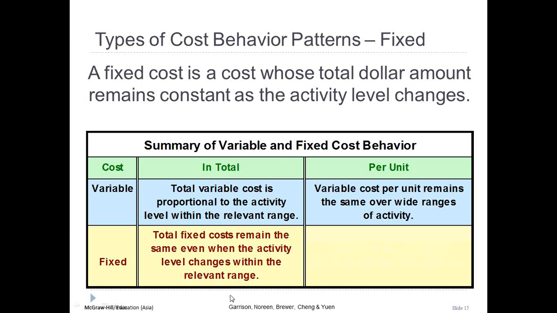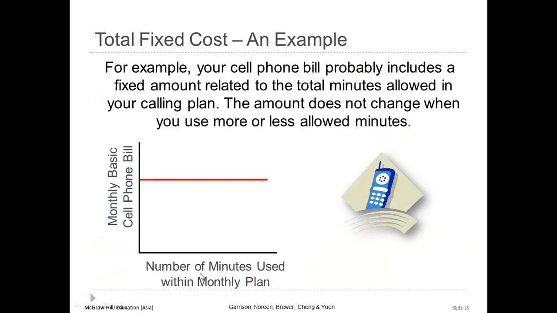Accountants like to use this. So between 100 cars and 200 cars is a relevant range for one day's output. So the total fixed costs remain the same in this range of activity. That is on a total basis, okay?